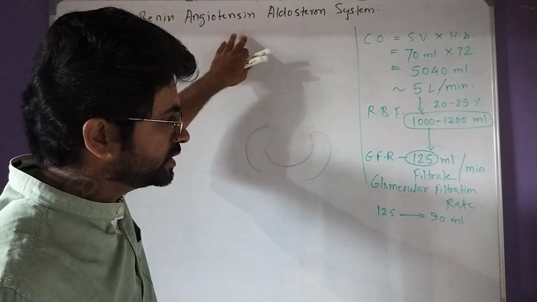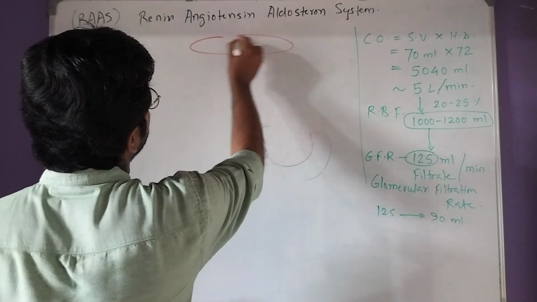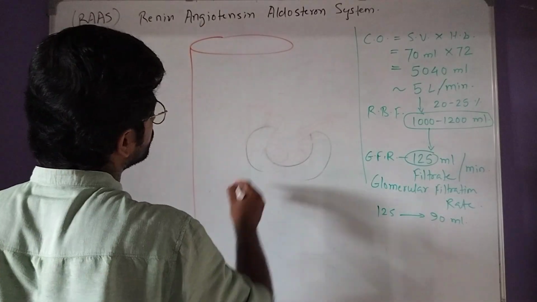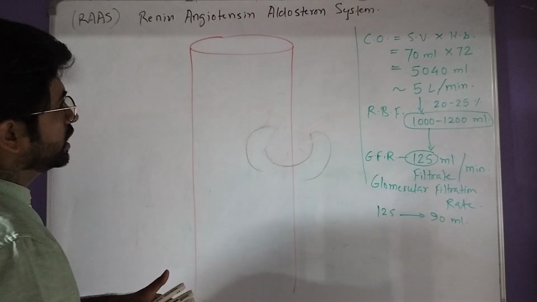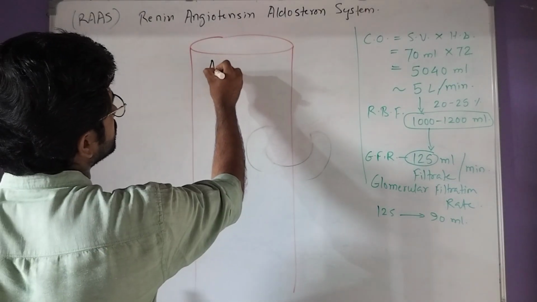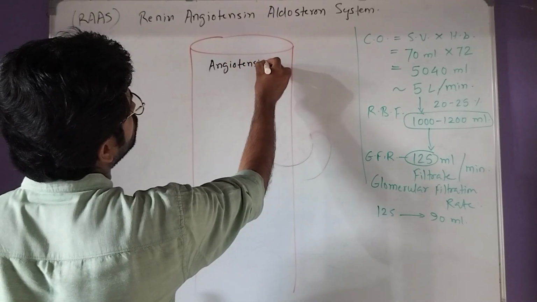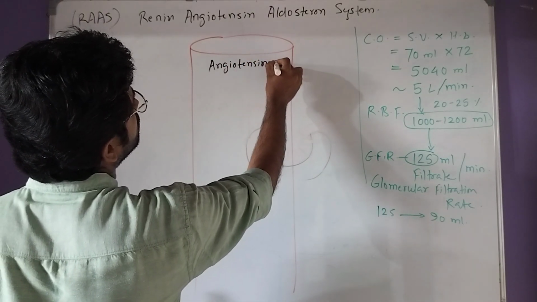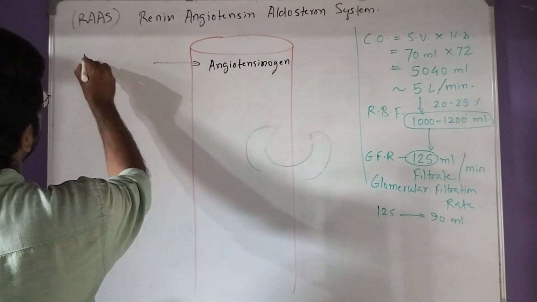So the first step is in your blood, angiotensinogen is released by the liver.